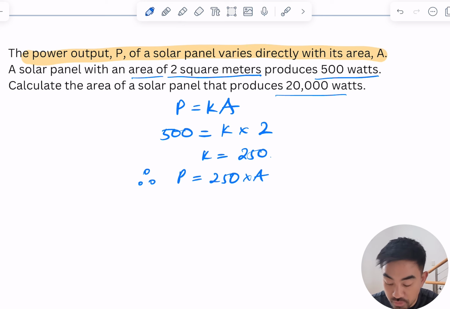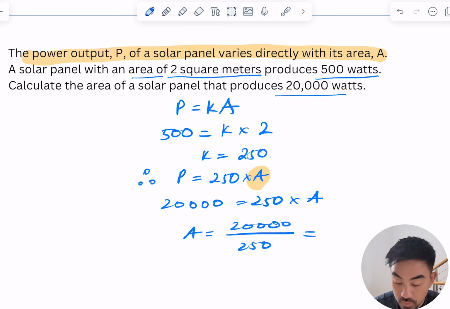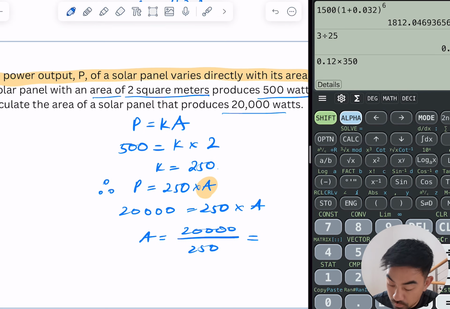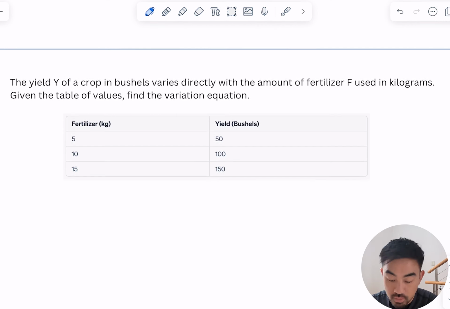So this time we're trying to find the A. So 20,000 equals 250 times A. So A must be 20,000 over 250. So that's going to be 80 square meters. Right, simple.